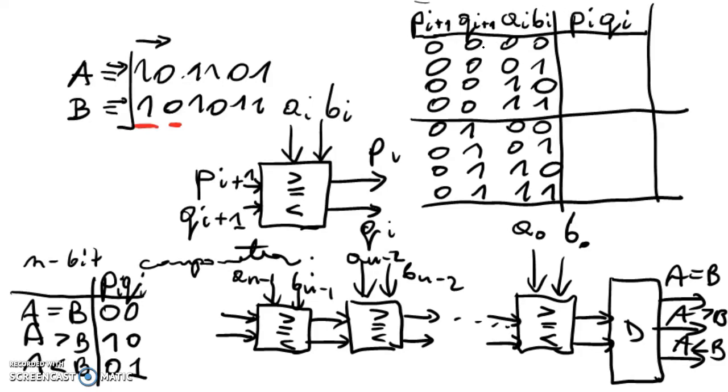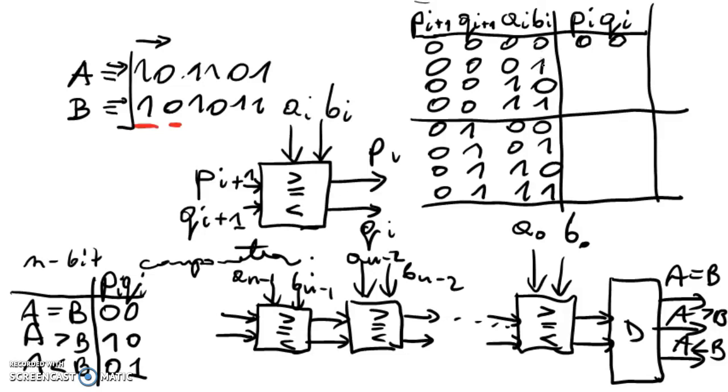Okay, so the information is that the numbers were equal on the higher bits and the current bits are 0, 0, so the same information. They are the same, including the current bits, still the same. In the second row, the information is they were equal, but currently B is greater.